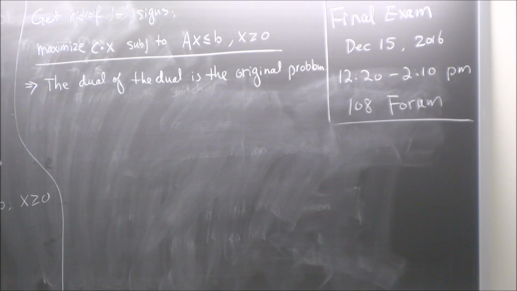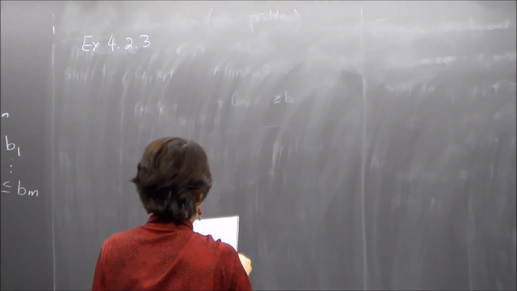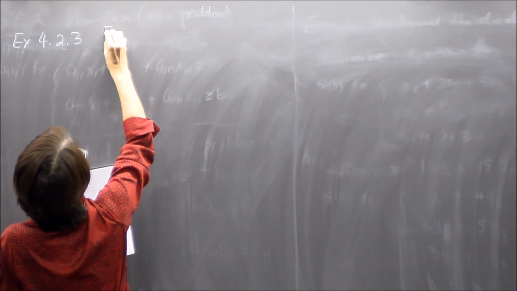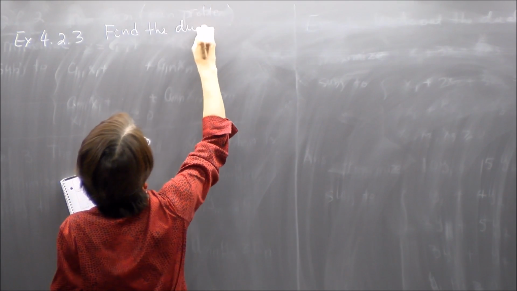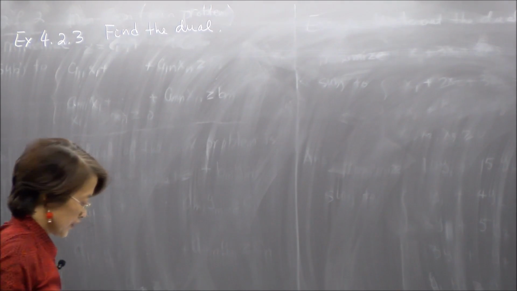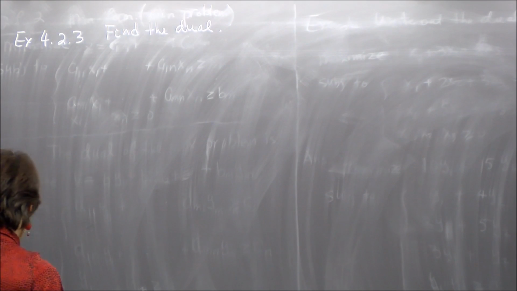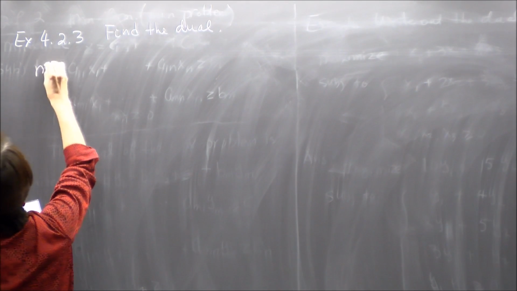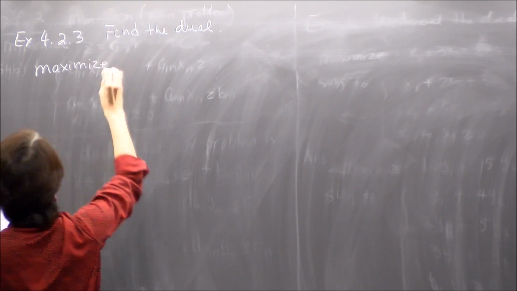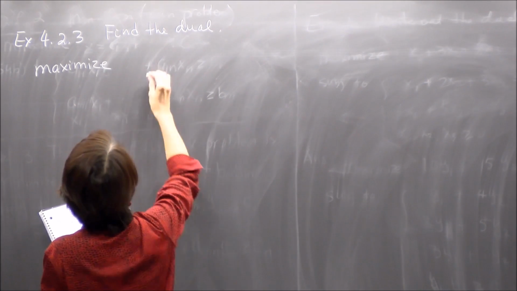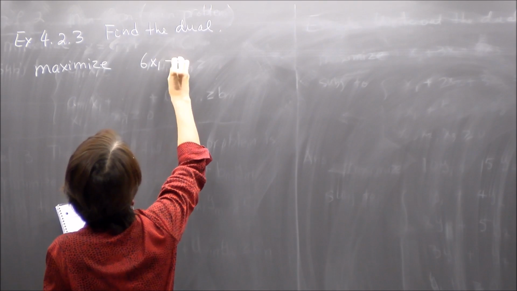Okay, so this is an example taken from the book. It's just different numbers. So, okay, I want you to find the dual problem of the following. Let's write it out. Maximize, just numbers.